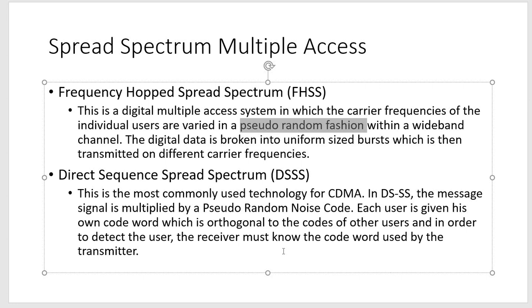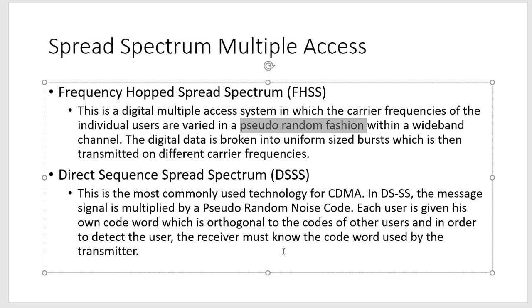The receiver must know the code word used by the transmitter, and the transmitter knows which code word the receiver is using. This is direct sequence spread spectrum, DSSS.